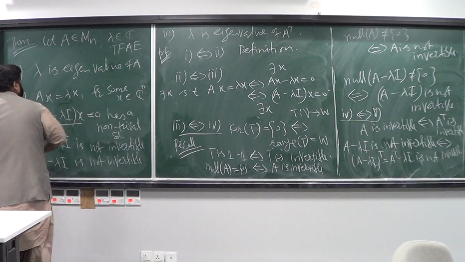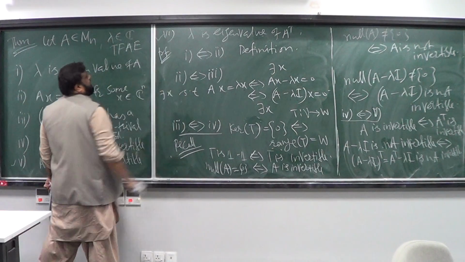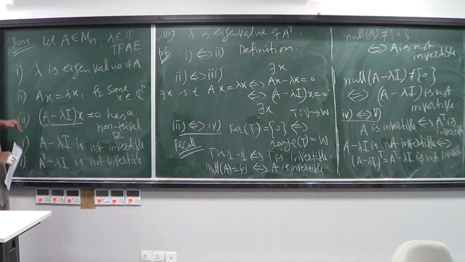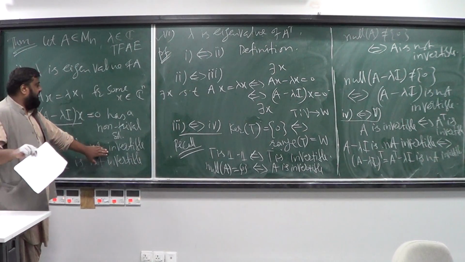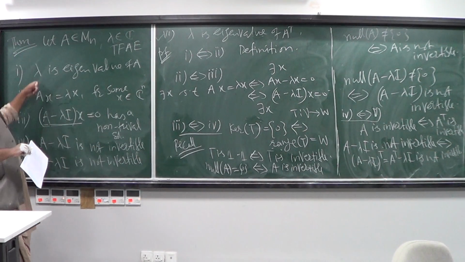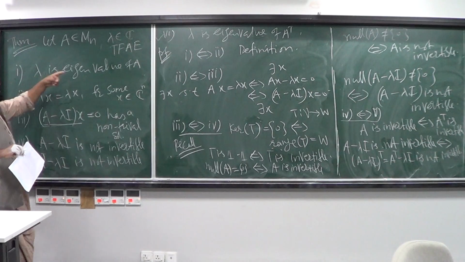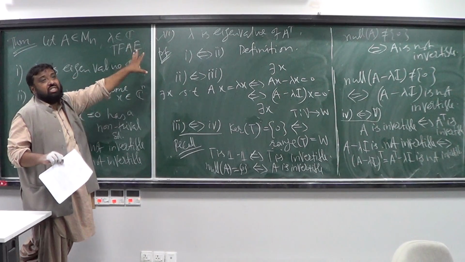Why are 5 and 6 equivalent? They are equivalent because 1 and 4 are equivalent actually. Since for any given matrix, if A minus lambda I is not invertible, then lambda is an eigenvalue of that matrix, no matter what matrix you have.